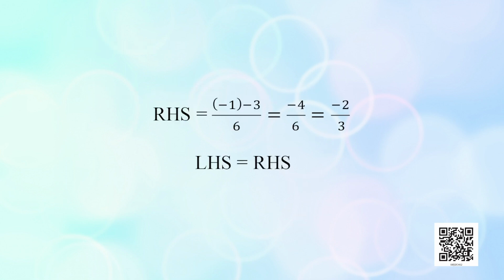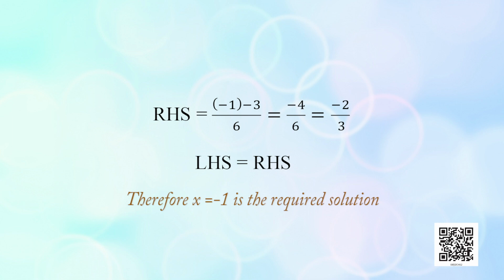Similarly, on the right hand side, (minus 1 minus 3) divided by 6, that is minus 4 by 6, that is minus 2 by 3. Therefore, both the left hand side and the right hand side have the same answer, minus 2 by 3, by putting x equal to minus 1. Therefore, x is equal to minus 1 is the required solution.